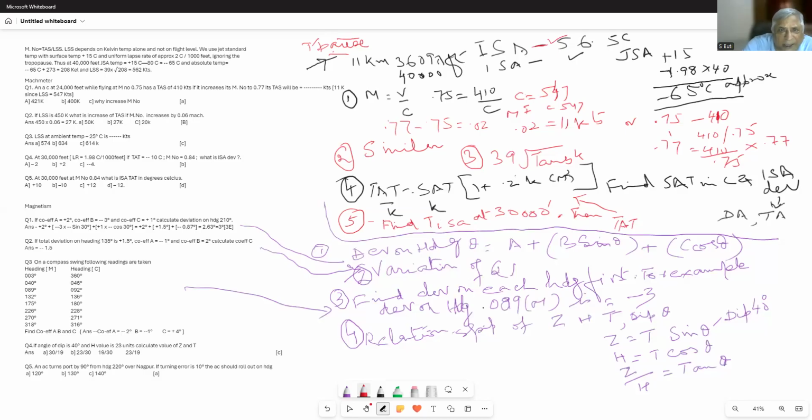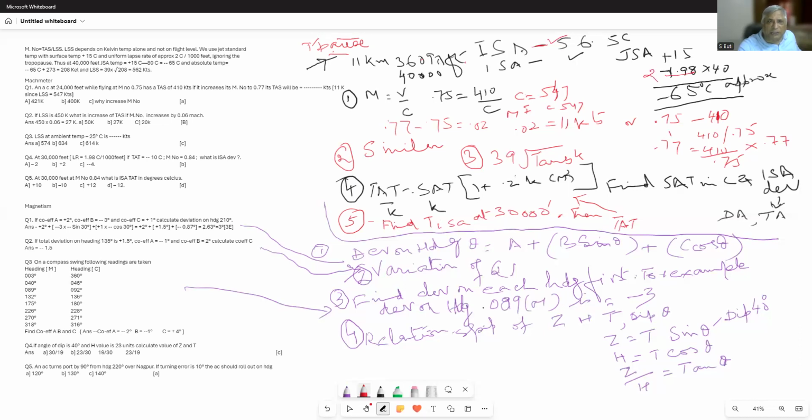But in actual practice, the actual atmosphere is called JSA, in which the temperatures keep falling after 36,000 feet also at the same standard lapse rate, which we take as 1.98 degrees per 1,000 feet, or for our calculation, we take roughly 2 degrees per 1,000 feet.